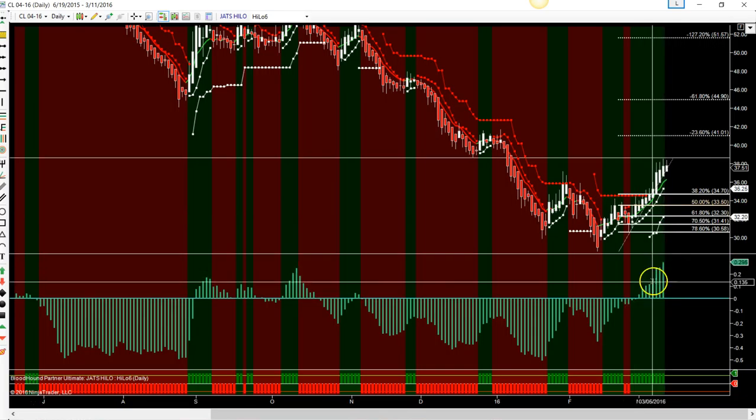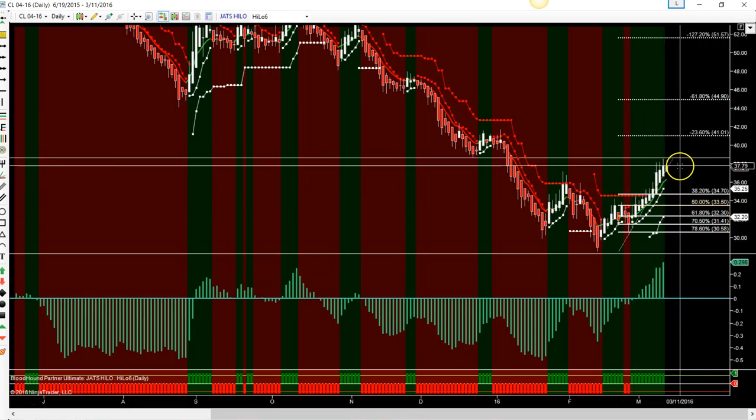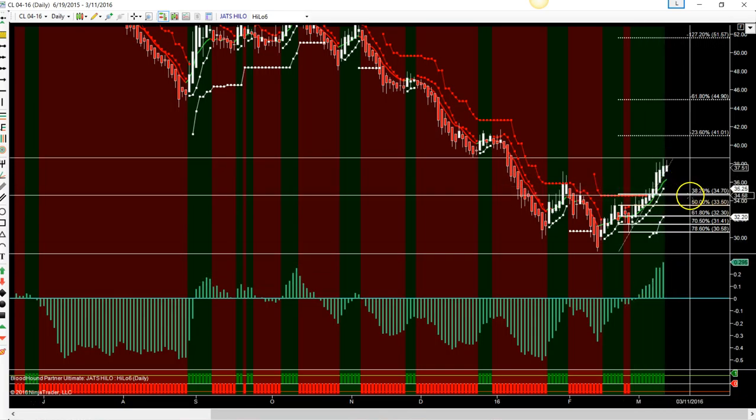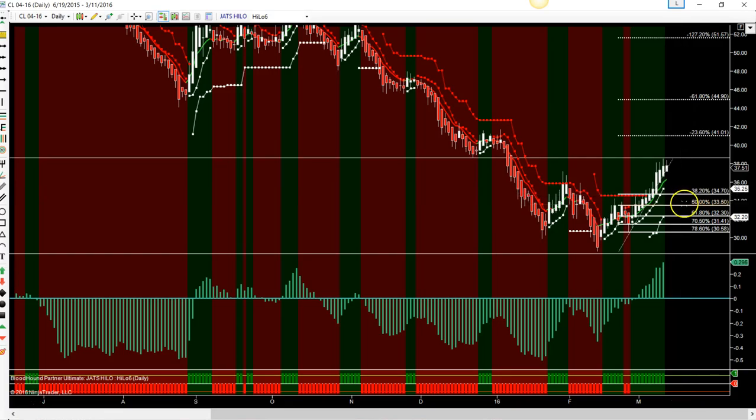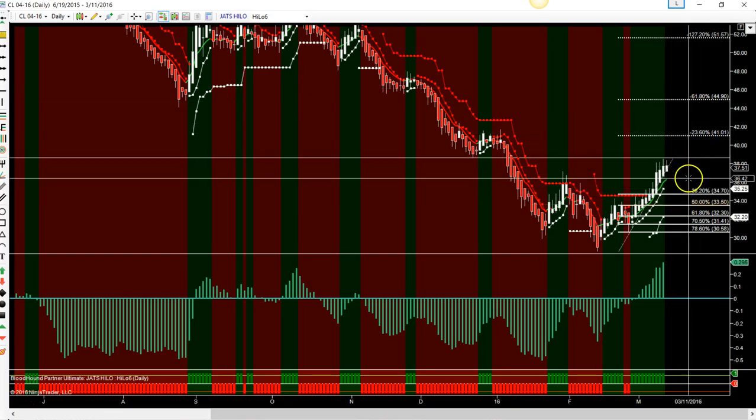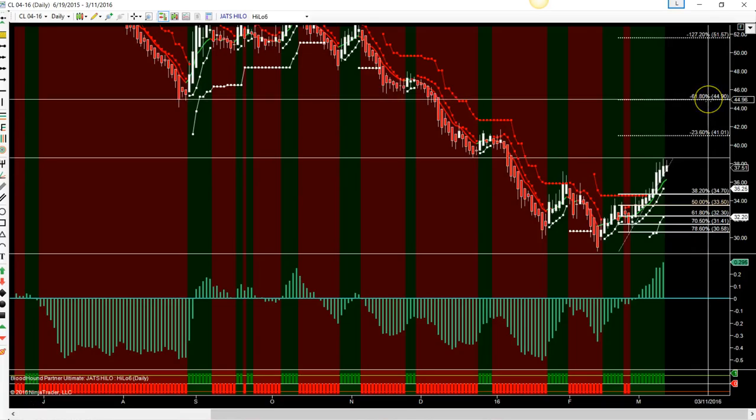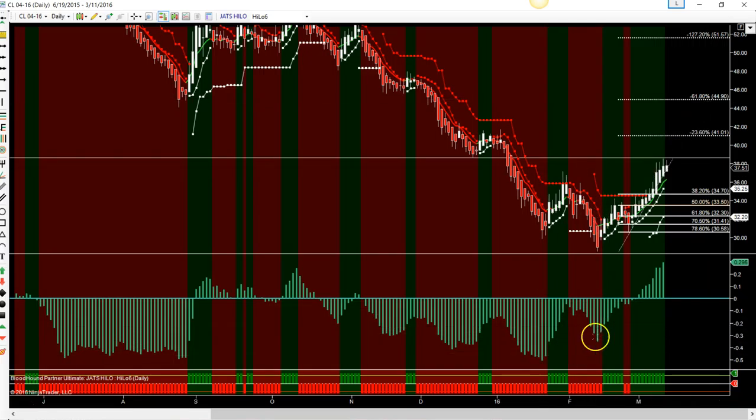But right now, the momentum is strong on the daily. So I would expect to see perhaps a 38.2 or 50% retracement and a return to the high side. Given the chart review off of this divergence.